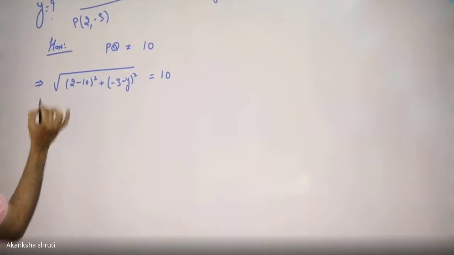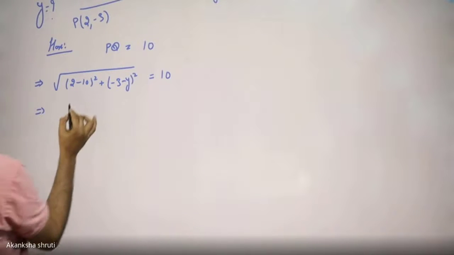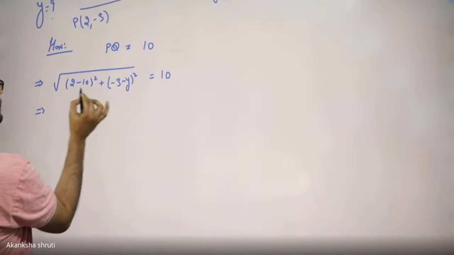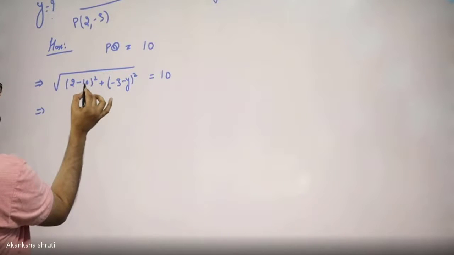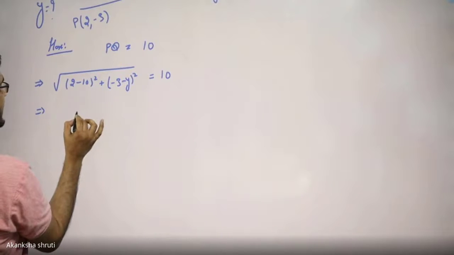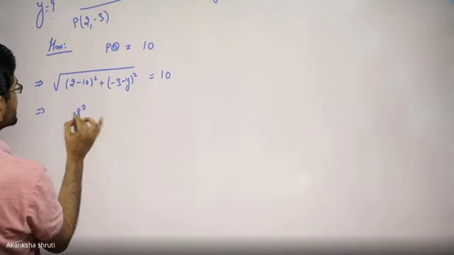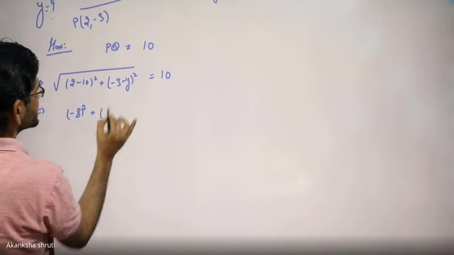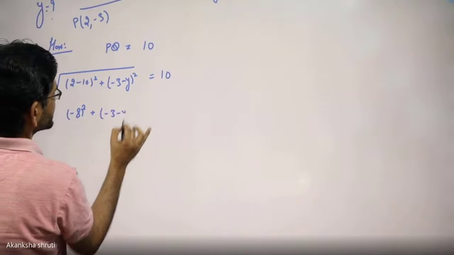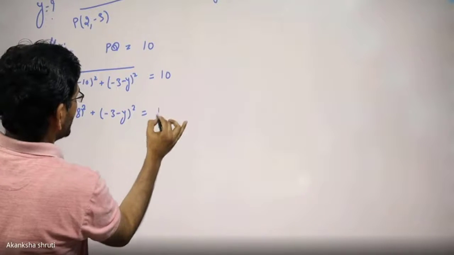This implies we need to calculate this y. Go for squaring them. So 2 minus 10 becomes minus 8 squared. One may keep 8 squared or minus 8 squared, plus (minus 3 minus y) squared, equals 10 squared.